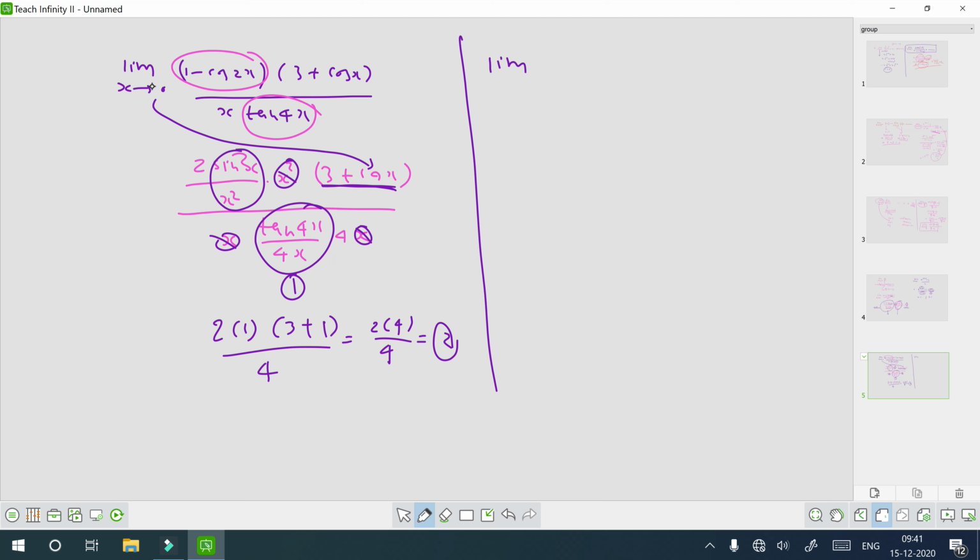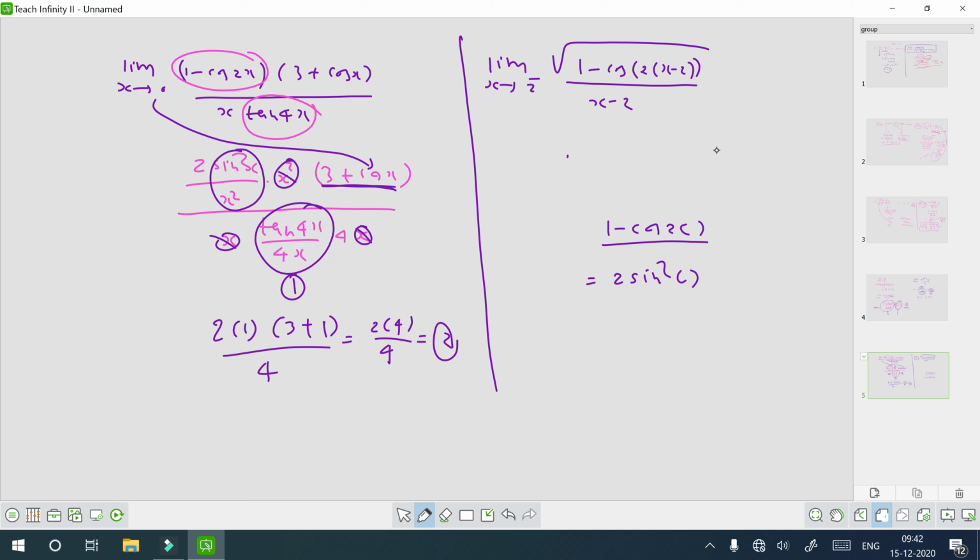Next one. Limit x tends to 2 minus, left hand limit, square root of 1 minus cos 2 times x minus 2 over x minus 2. Clear? Now we know that 1 minus cos 2 theta, 1 minus cos 2 times some function is given, and that is equal to 2 sine square some function.